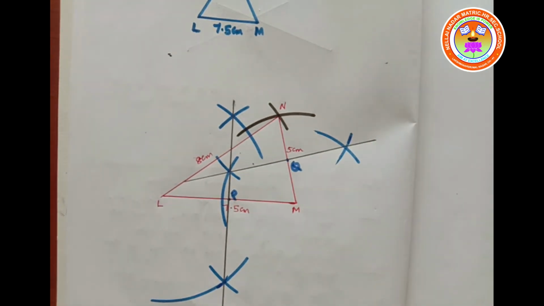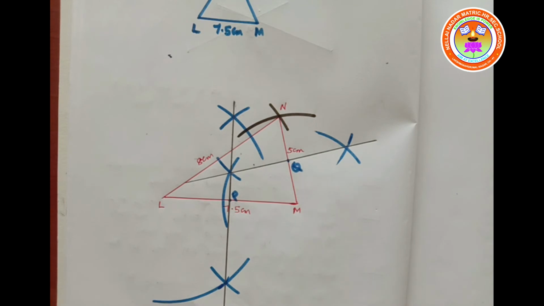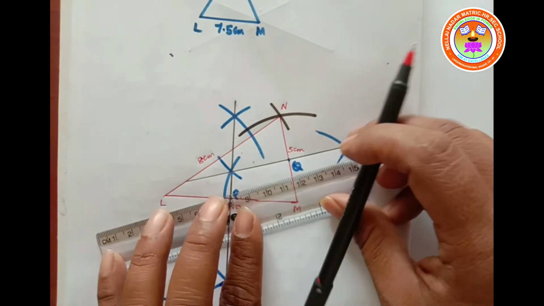It's clear, children? Now you are going to draw the median of LQ and PN. LQ, join a line LQ with the help of the scale.